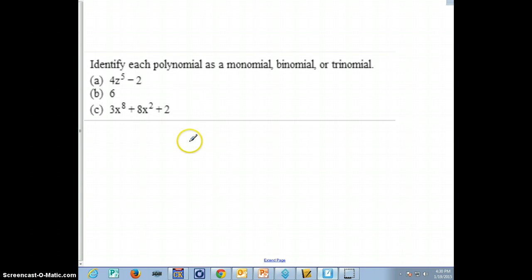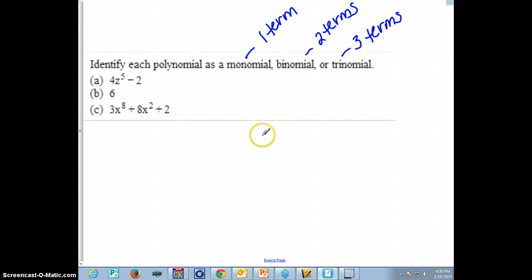Okay, now this one just says identify each thing as a monomial, binomial, or trinomial. Trinomial means it has 3 terms. Binomial means that it has 2 terms. Monomial means that there is 1 term. Now that means if you can put stuff together, you have to condense it and simplify it first. So this has 2 things that can't be put together any more than they are.